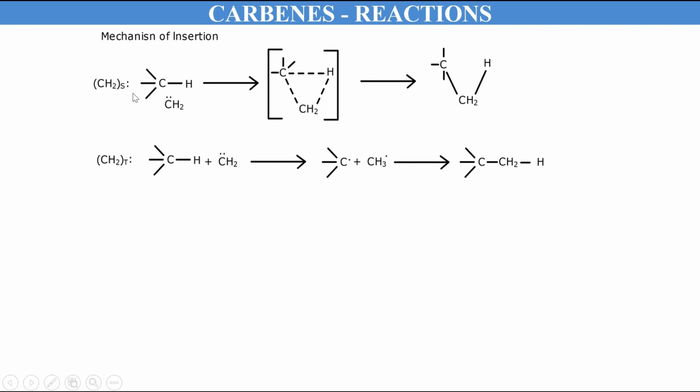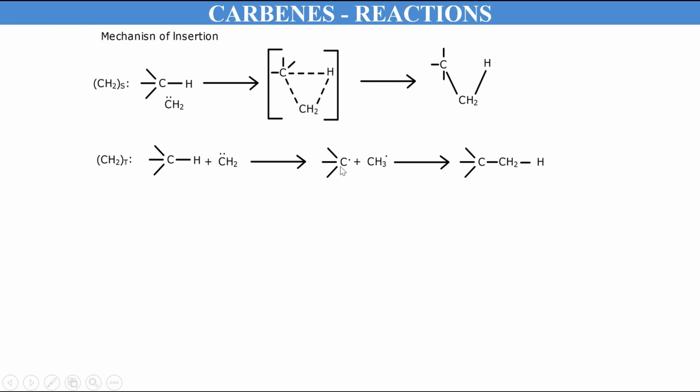If it is in the singlet state, then the carbene insertion occurs across the carbon-hydrogen bond in a single step like this. If this is in the triplet state, as mentioned as T, one electron from the carbene combines with one electron of the hydrogen, and it gives rise to a methyl radical and a tertiary butyl radical.